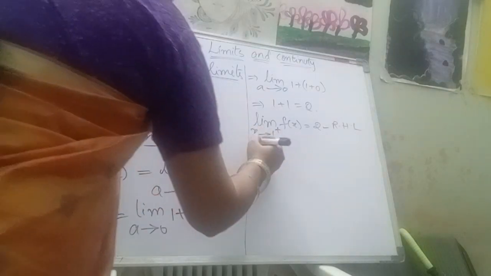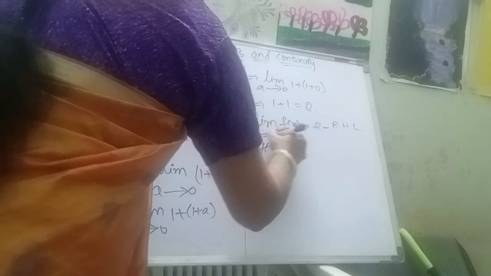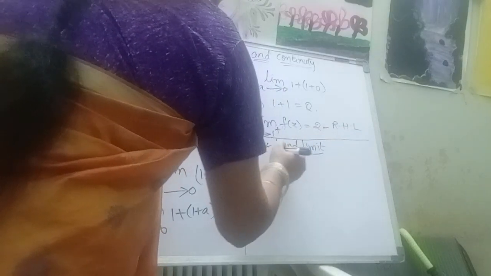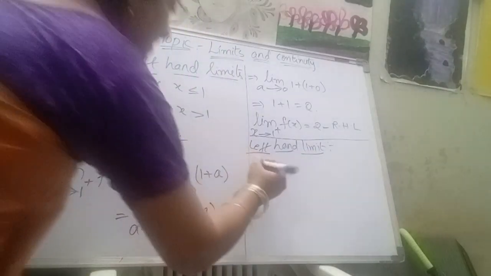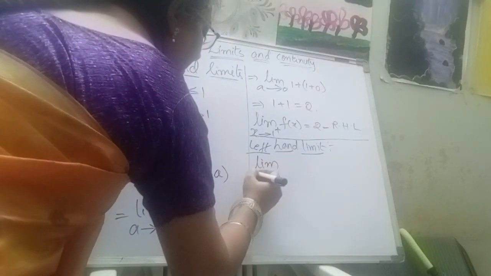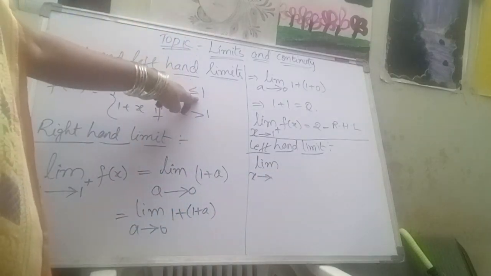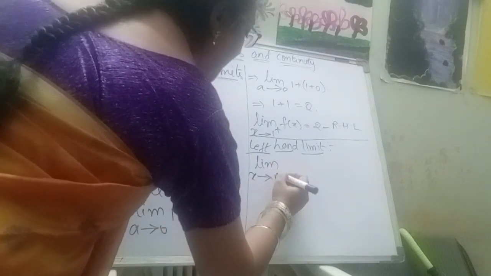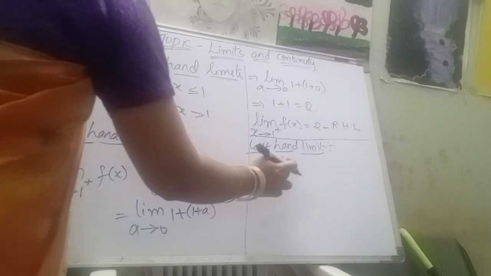Now the left hand limit. What is that limit? Here the left hand limit is for x less than or equal to 1, so x tends to 1 minus. These are below 1, that's why 1 minus.